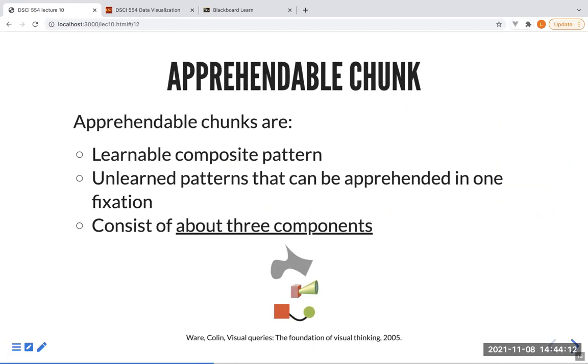Just a word of vocabulary. An untrained pattern is a pattern that you haven't seen before, that you have not learned, but that you can apprehend. Therefore, you can learn it and learn to recognize it. And when Ware talks about apprehendable chunks, he is interested in things that you can learn at once, not knowing that you're going to be exposed to them multiple times.